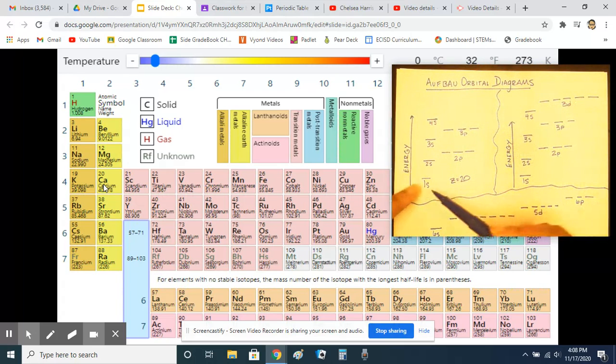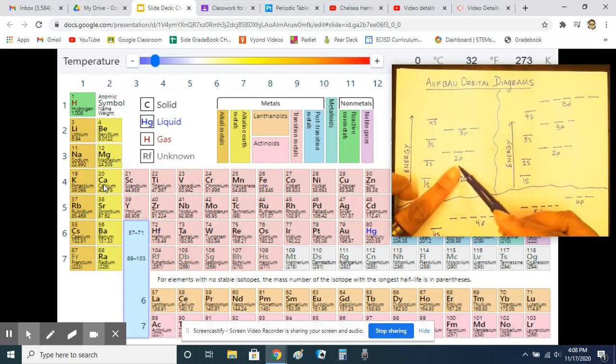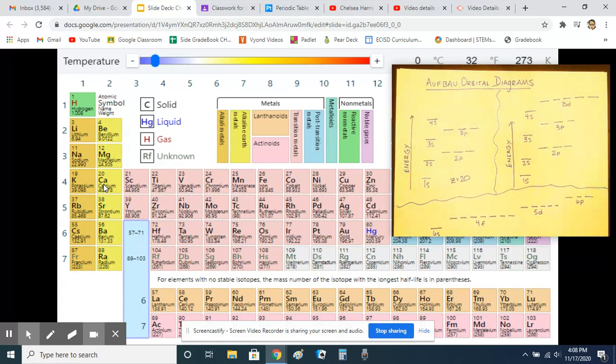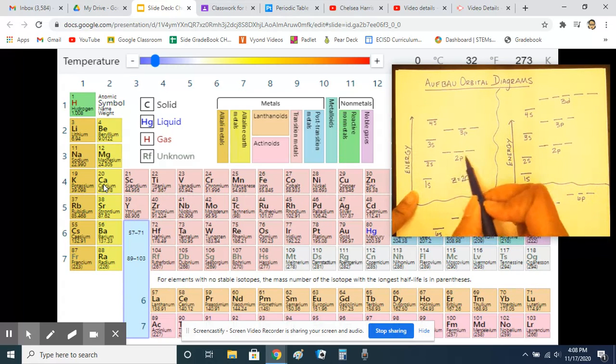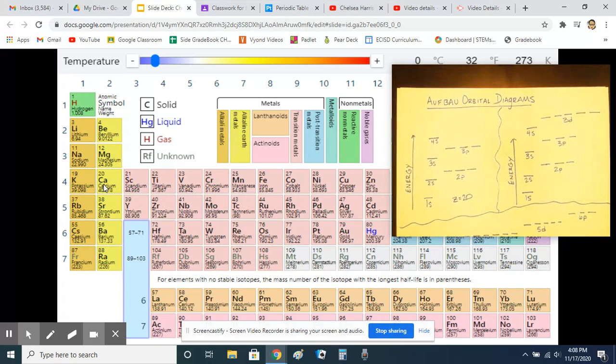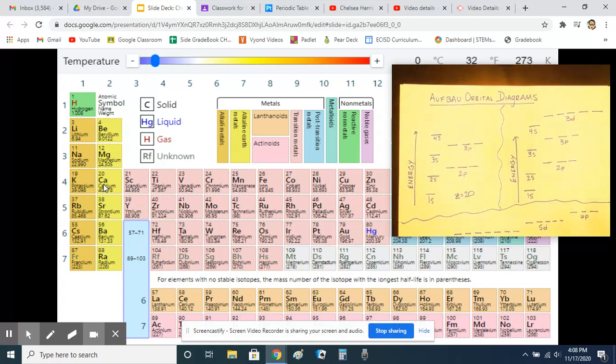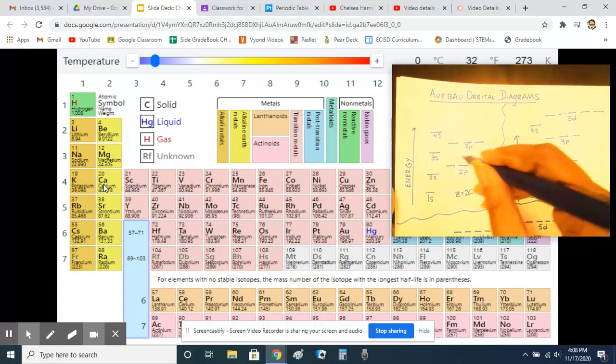This 1s, for example, is just one line, 2s is just one line, but 2p has three. So these are three orbitals that can be filled within the sublevel of 2p. So what we're saying is you must put one electron in each spot first before you double up.